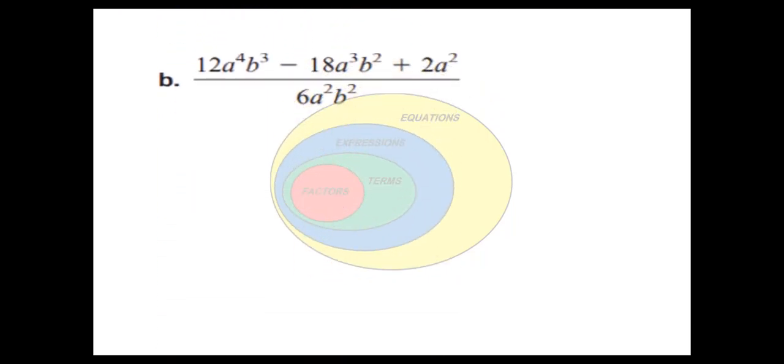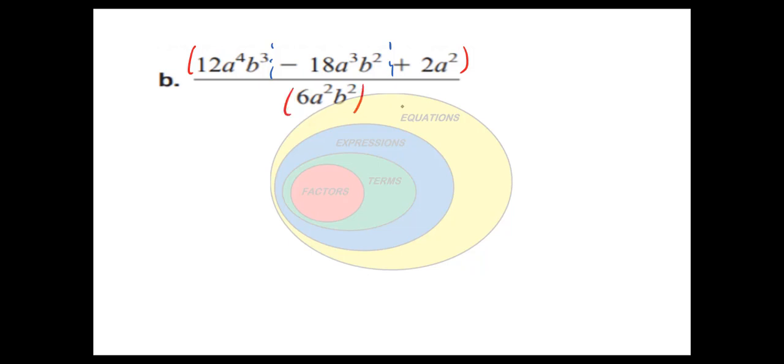So here's one, it's a little more complicated, but we'll make sure we keep track of everything. Because the fraction bar groups, we actually have 3 terms in the numerator. So these 3 terms, we're going to distribute the factors in the denominator. Notice the denominator is one term.